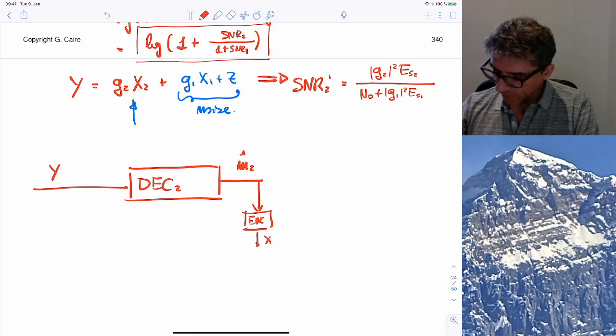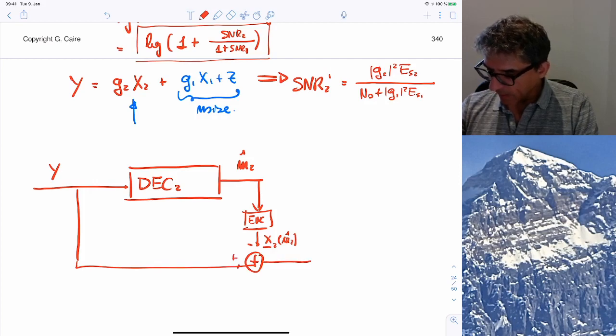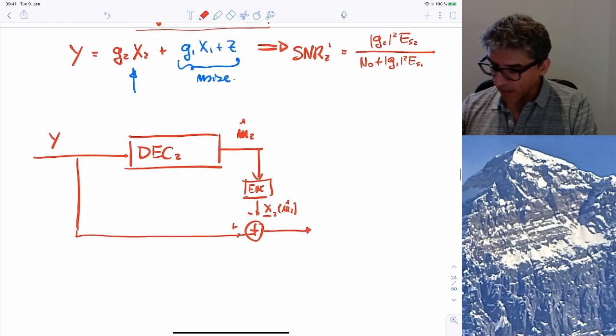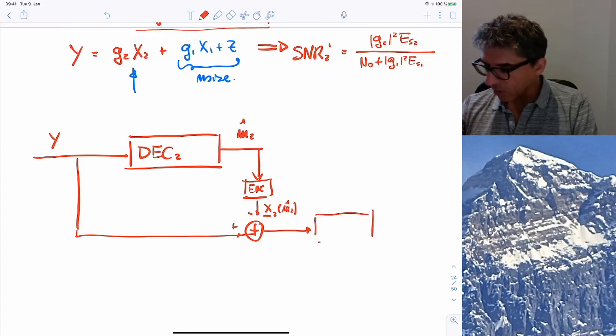So here we have the code word X2 of M2 hat. We subtract. Now at this point, the signal has been cleaned up from the interference from user 2, and now we can decode user 1.